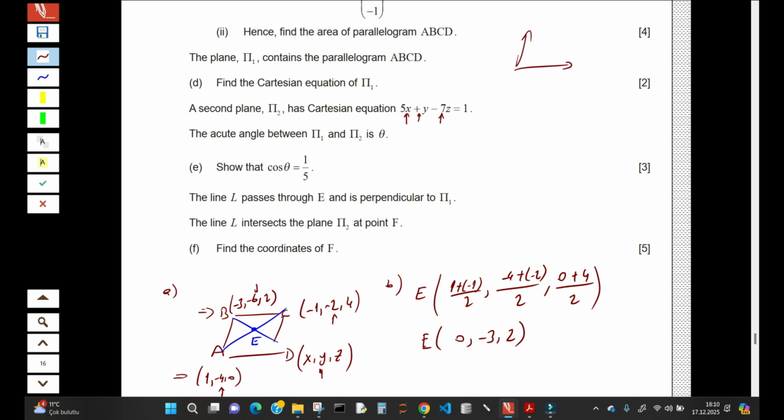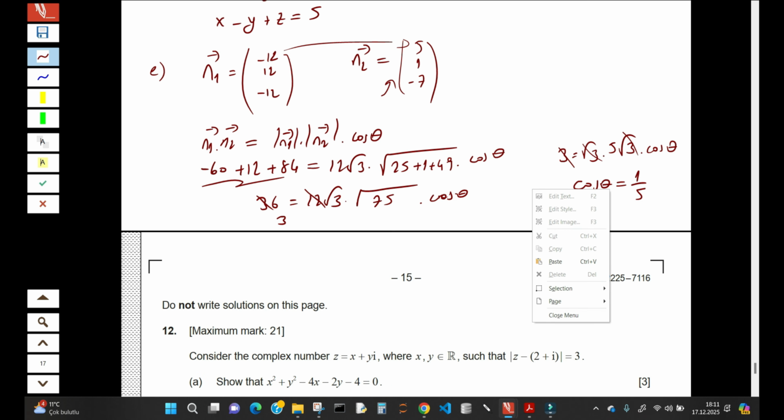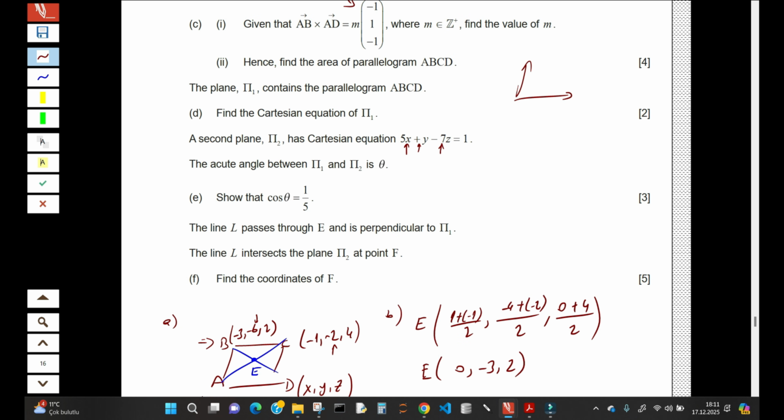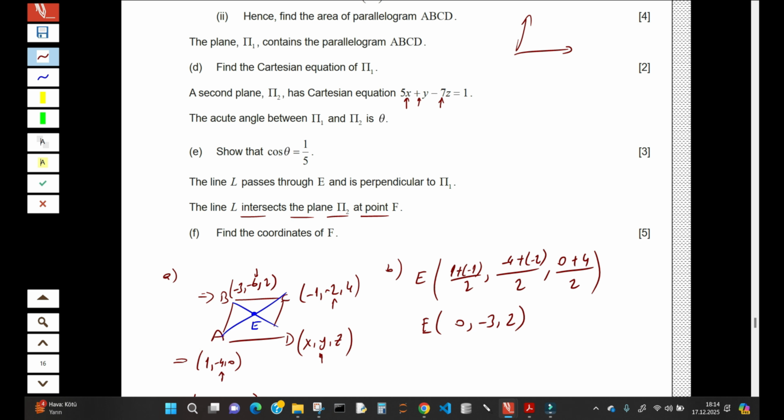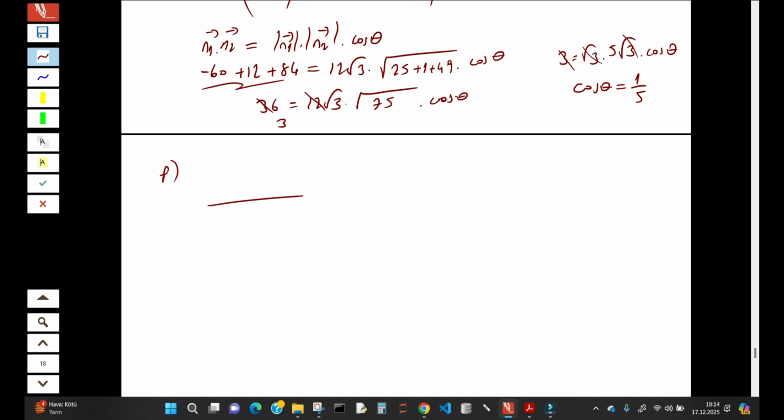Now the question F. I'm going to add the other page here. The line L passes through E and is perpendicular to pi 1. The line L intersects the plane pi 2 at point F. Find the coordinates of F. So let's draw this first.